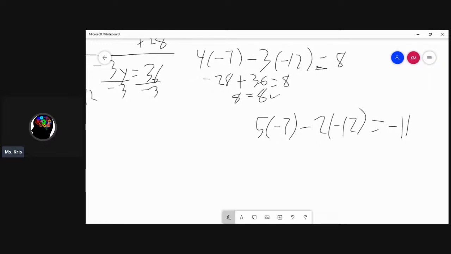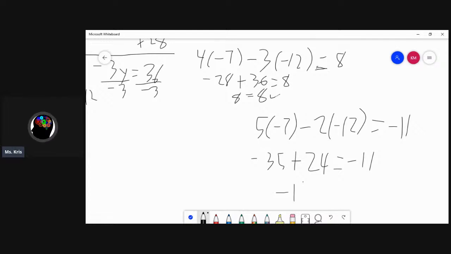Five times negative 7 is negative 35. Negative 2 times a negative 12 is plus 24. That equals negative 11. And of course, 35 minus 24 is 11. But since my bigger number is negative, my answer will be negative. Therefore, negative 11 equals negative 11. And my answer still checks out.